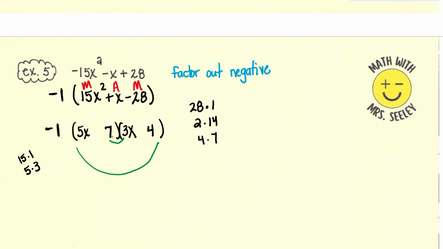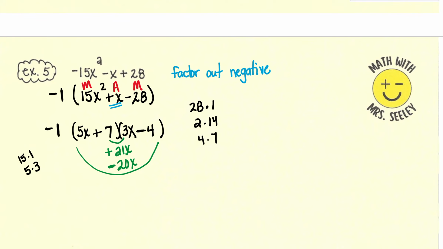Check it out. 7 times 3 is 21. 5 times 4 is 20, and I have a good feeling about that because a 21 and a 20 can give me a combination of a positive 1 if I let the good guys, or the positives, win this battle. So I need positive 21, take away 20. Kick those signs back up, positive in the first, negative in the second, and that's your correct answer.